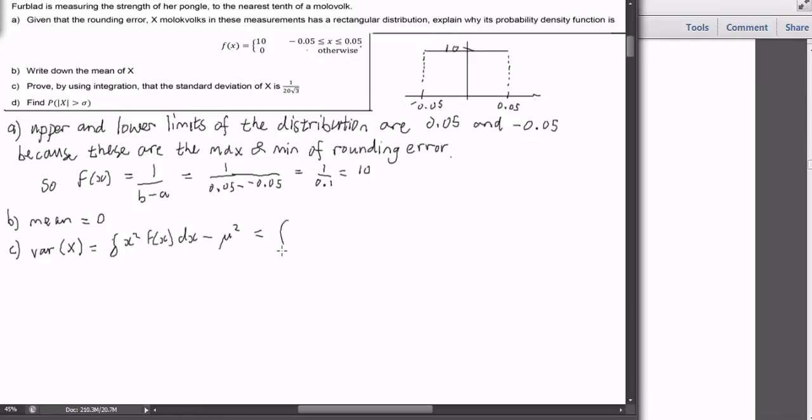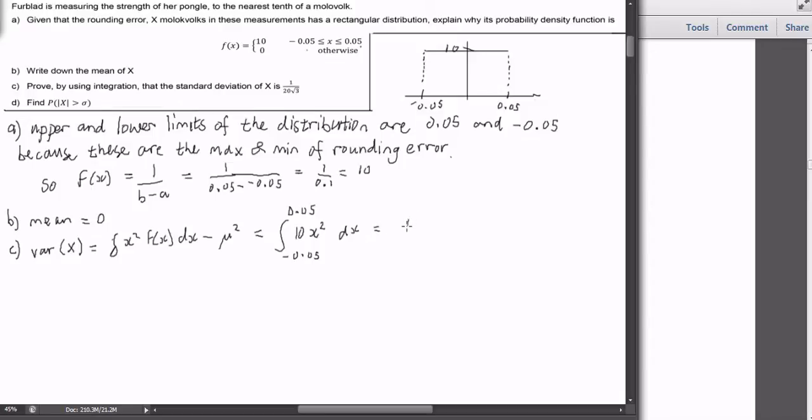So we've got the integral of x squared times f of x. Well, f of x is 10, so it's just 10x squared. And we have to put the limits of integration in, and these are the values of b and a, so it's between 0.05 and minus 0.05. And like I say, we can forget about the mean because that was equal to 0.